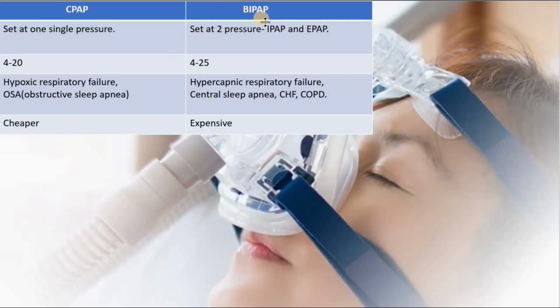Now going back to BiPAP, one of the indications of BiPAP is again sleep apnea or obstructive sleep apnea. If not responding to CPAP, if CPAP is not effective, the doctor may have to prescribe or consider BiPAP. Another indication is hypercapnic respiratory failure. That means respiratory distress or hypoxemia associated with hypercapnia.